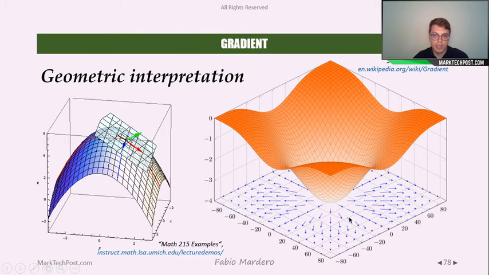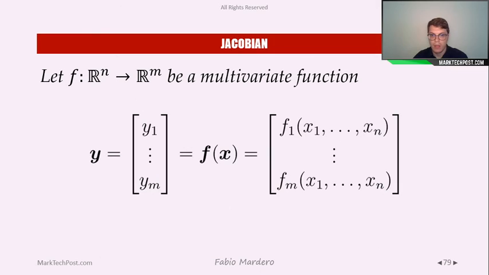Here is the projection of the vector field of the gradient with respect to a plane. In fact, we can compute the gradient for each point of this function, and we can take, for example, only two components, not the z component, and get this representation.